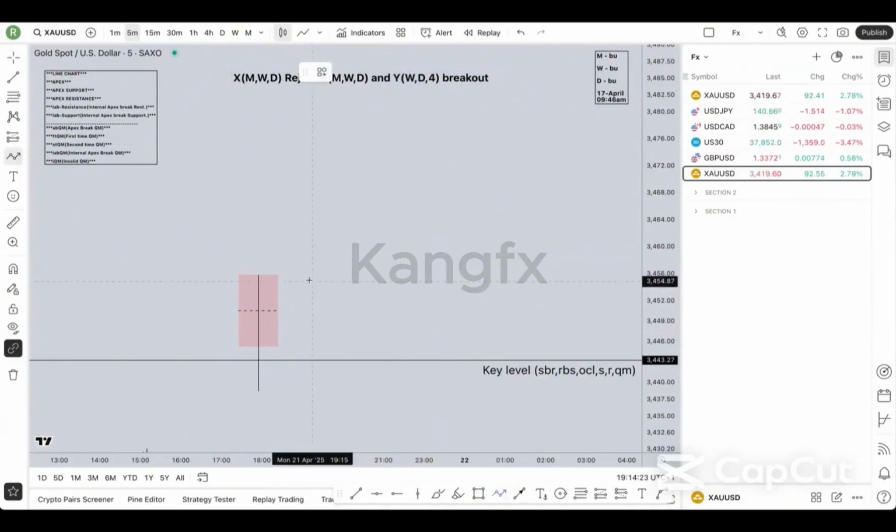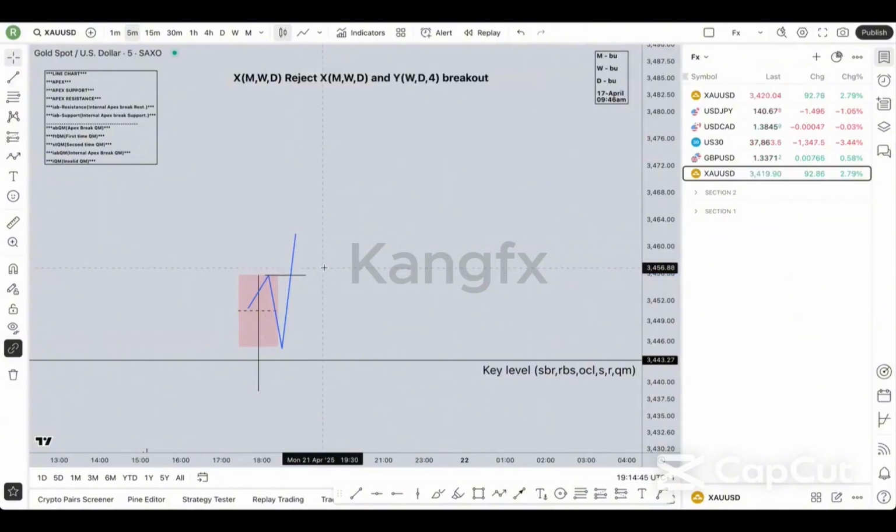And what kind of breakout do we expect? We expect this kind of breakout.